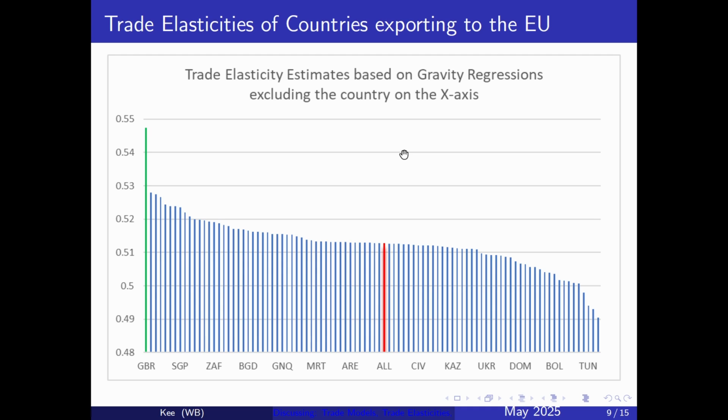But if I exclude the UK from the sample, just one country, the elasticity estimate jumps up to this much. Whereas when I exclude all other countries, the numbers are similar to this. So this graph is just a simple exercise to tell me that there are differences in bilateral variation when you talk about trade elasticity.